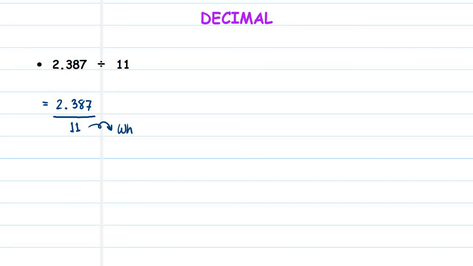And 11 is already the whole number. So we are good to go. The next step is to divide them normally. Here we have 2.387 divided by 11. We will put a decimal point over here to line up with 2.387.